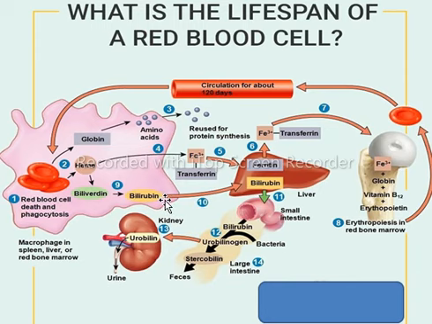The iron will attach to a transporter. This transporter is a protein called transferrin, which will carry iron to the liver, and then from the liver it will reach the bone marrow for erythropoiesis, or RBC production.